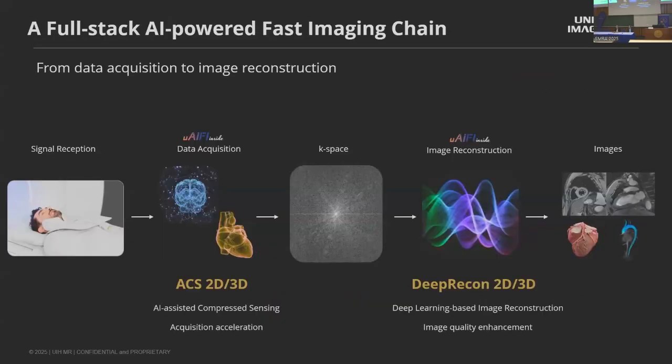So for data acquisition acceleration, we offer a full stack of AI-powered fast imaging techniques, including the ACS, which is AI-assisted compressed sensing, to achieve high acceleration factors for data acquisition, and also the deep recon, which is a deep learning-based image reconstruction platform to achieve image quality enhancements with artifact and noise reduction effects.